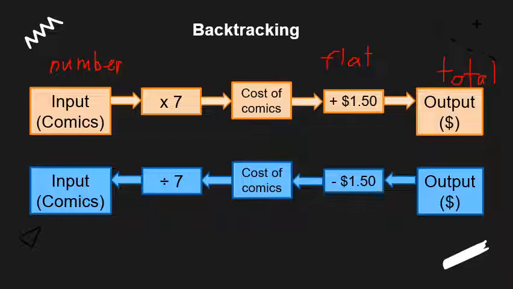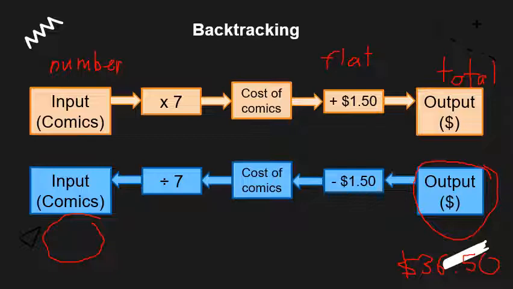But if we had a situation where someone paid this much for their comics, they paid $36.50. We can just backtrack to find out, well, how many comics did that person actually buy? So I just reverse the rule here. So I do the inverse operation of addition.